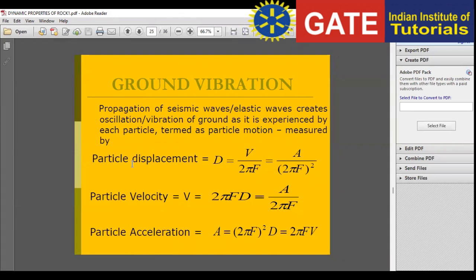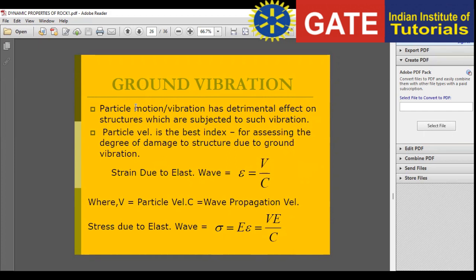Here, particle displacement is equal to the velocity divided by angular velocity, 2 pi frequency. Particle velocity will be angular velocity multiplied by the radius, and particle acceleration will be omega squared r. So it is similar to the rotational dynamics of a particle.